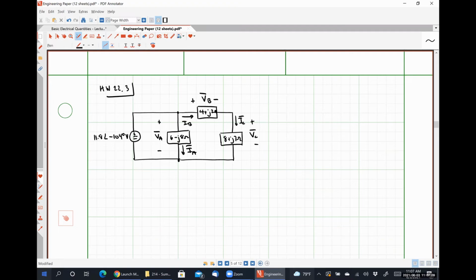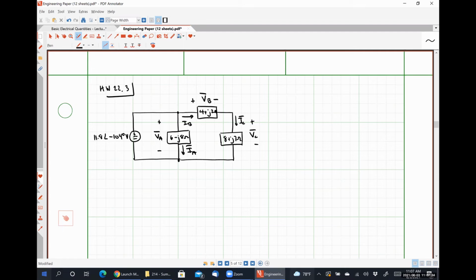I can solve for VB and VC using voltage division, but I don't think that I can solve for VA using voltage division, because the voltage isn't being divided, right?